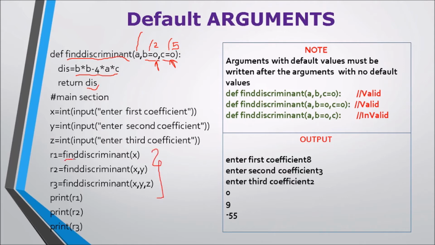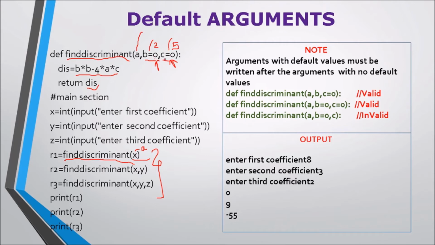First, find discriminant with value x. This time the value x is given to a, but no values are passed for b and c. When the values are missing for the parameters b and c, it will take the default value 0 as defined.